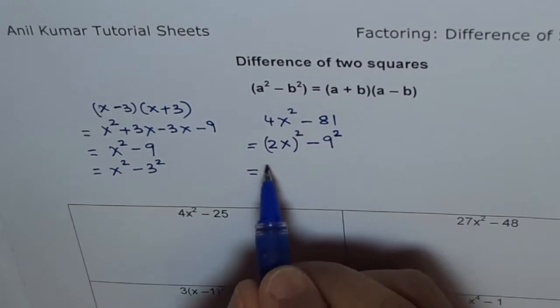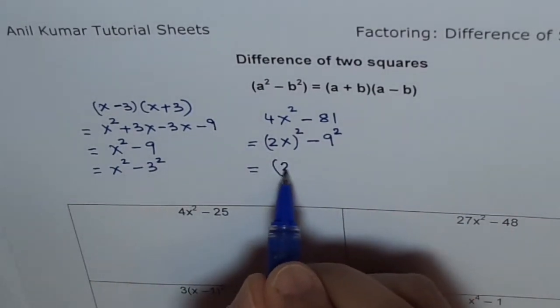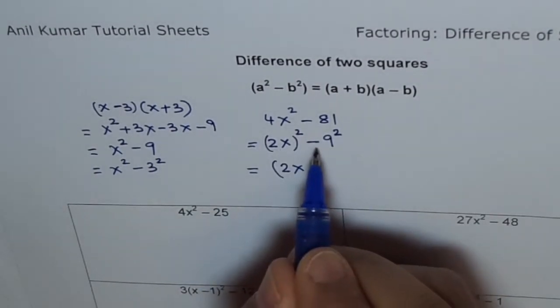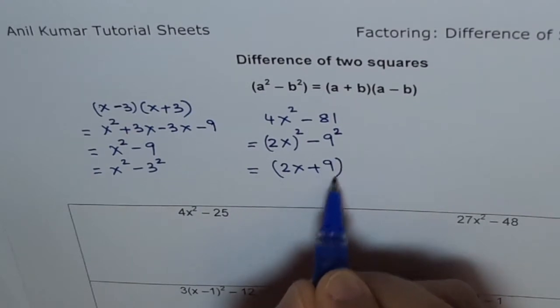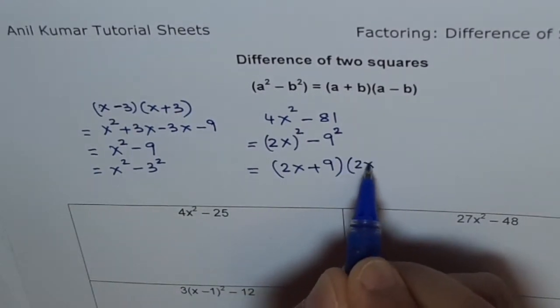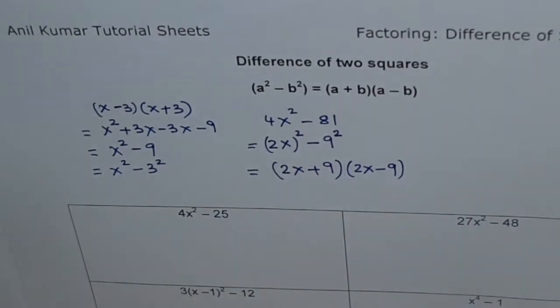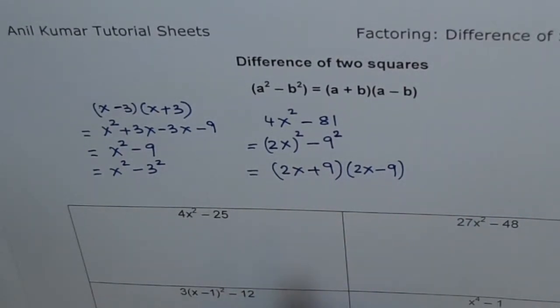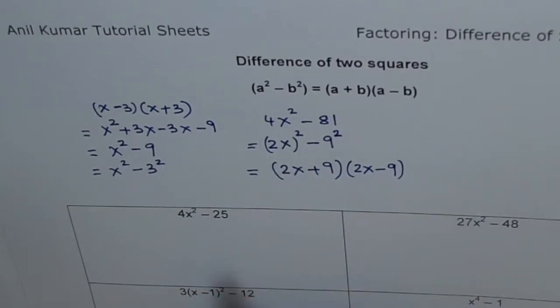How will you factor it? Write their sum and difference, multiply them. So 2x is our a, and our b is 9 here. So we'll write 2x plus 9 times 2x minus 9. Once you do that, then you have factored your difference of squares. So it may not be very obvious to look at, but if you really convert them into squares, then you can always do it. I hope you remember radicals.